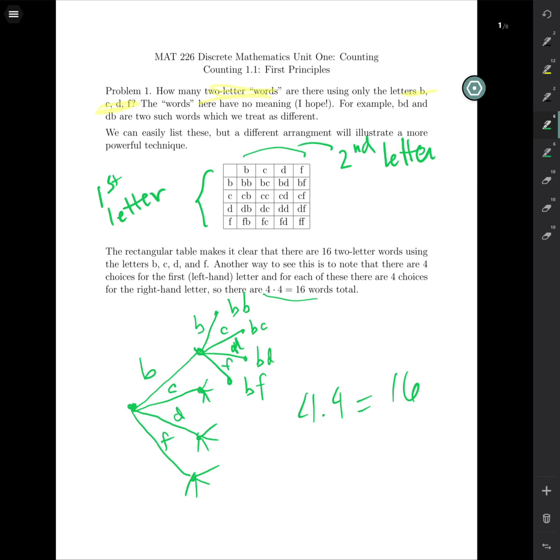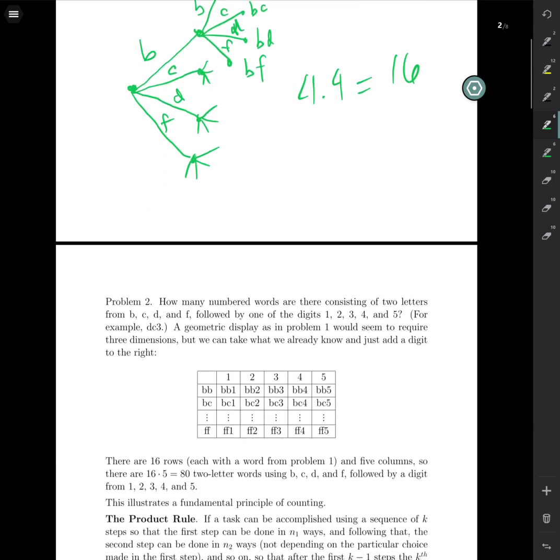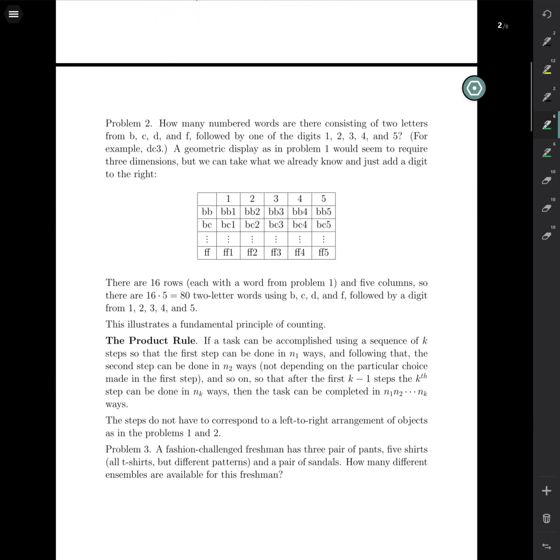Let's make this a little more complex by looking at a situation with the same words, but now adding a digit in the third spot to the right. We're going to form all the two-letter words using B, C, D, and F, and then follow it by a digit, 1, 2, 3, 4, or 5, and see how many things we have in that case.